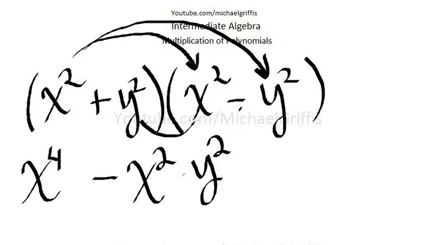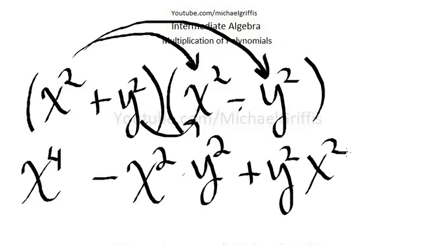And then our inside terms, y squared times x squared. And then our last terms, y squared times y squared.